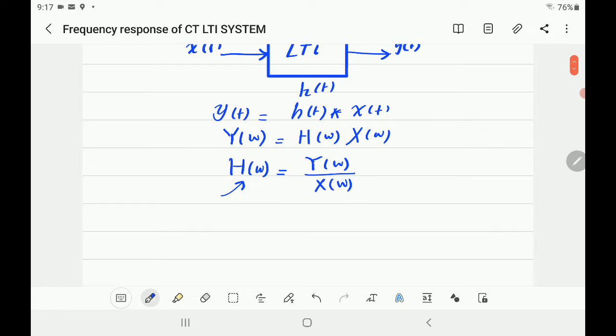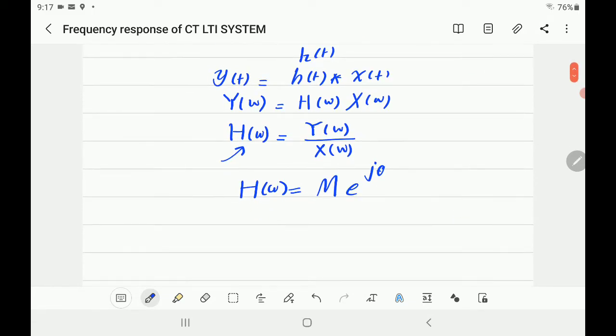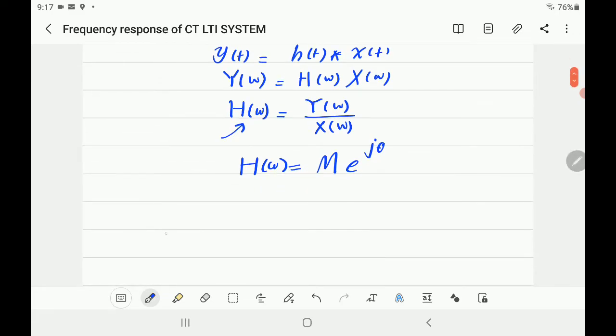It has real and imaginary parts. So it has a magnitude and an angle. So you can express it as a magnitude and angle. And then we can sketch the change of the magnitude with the frequency omega.